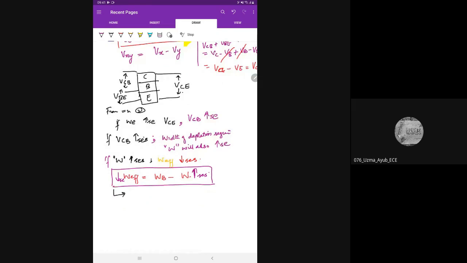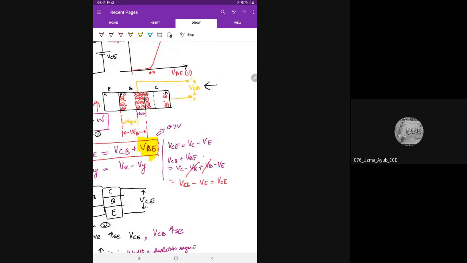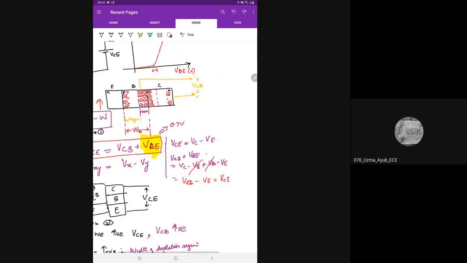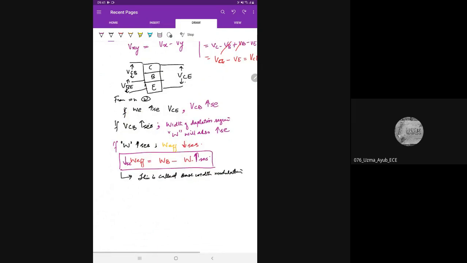This process is known as base width modulation. And how does base width modulation happen? Because of change in VCB. As VCB changes, base width modulation is attained. You can modulate the width of the base.